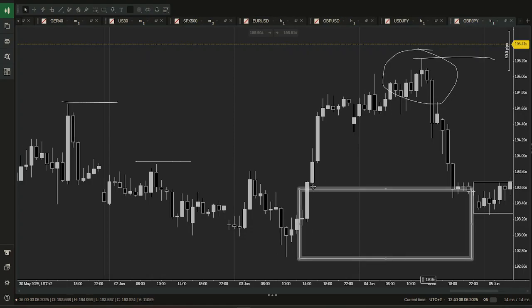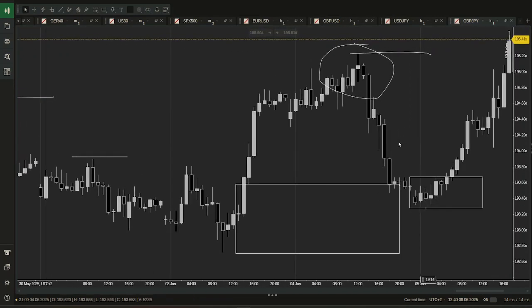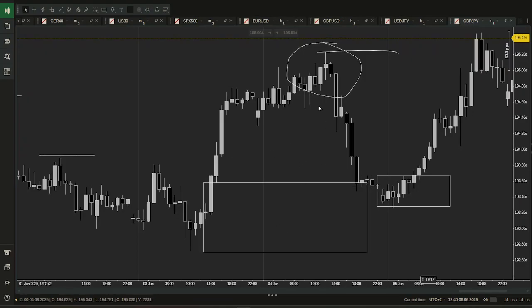And so we have this box, and I draw it out until we pierce and close within. Boom, like this. And I'm just gonna back it one step because I want to see this actual candle. Now, what happened here? So now we have the box and the price comes back.